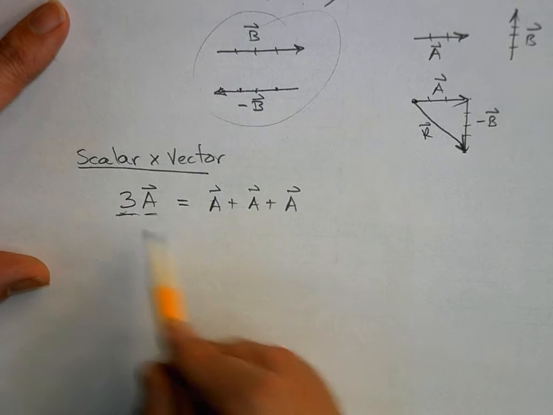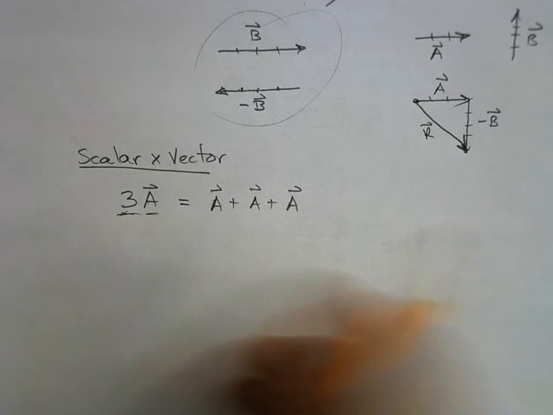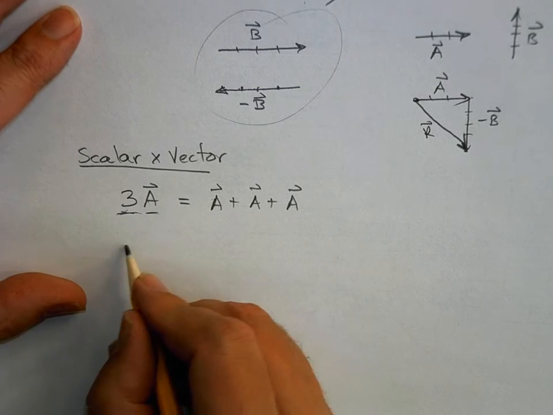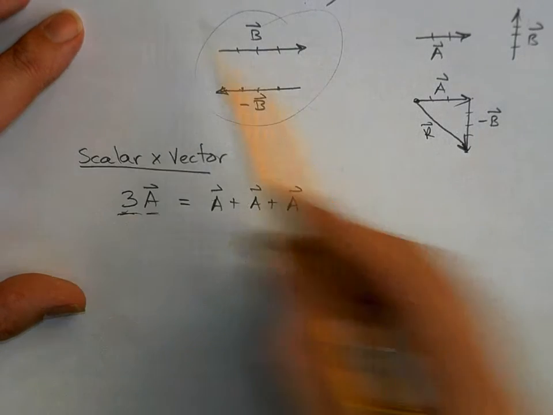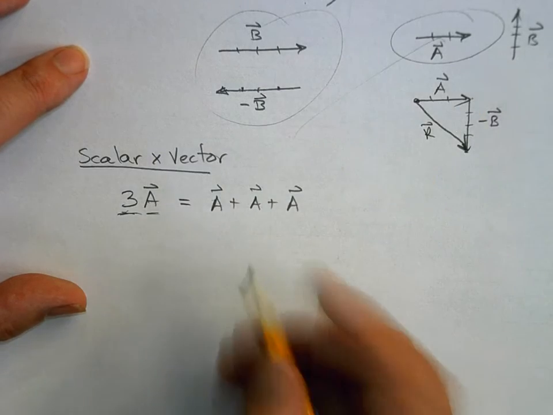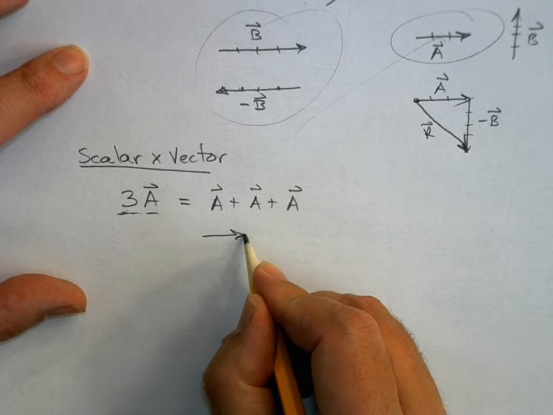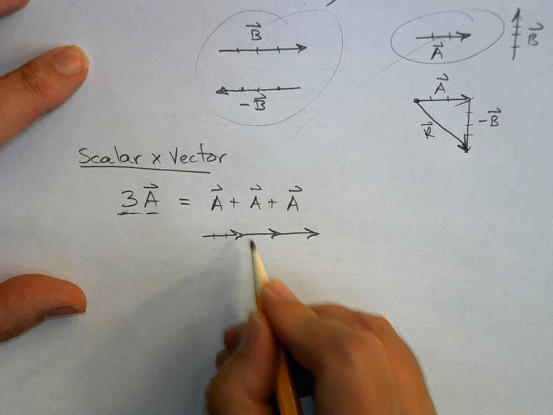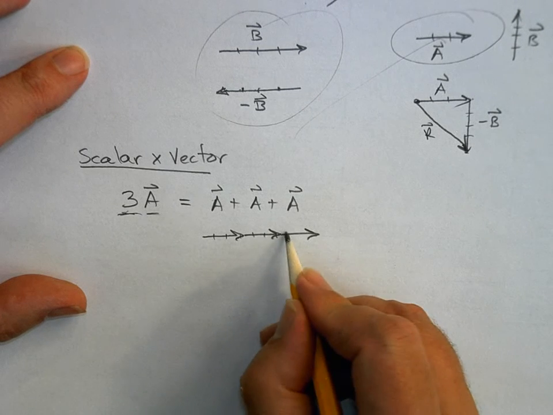Or, if it was 3.1 times a, you would go 3 and then 1/10 of another a. And you're just going to add them. If this is my a vector again, I'm just going to go a plus a plus a. 1, 2, 3, 4, 5, 6, 7, 8, 9.